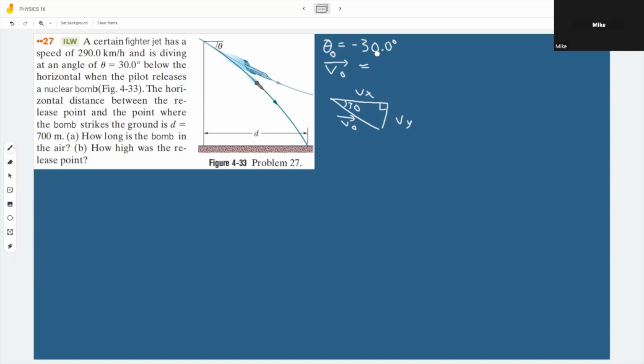Cosine, sine. Yes. I forgot the sine cosine. Teka, x component yan, di ba? Yung x component yung una na kino-compute, di ba? Inuna po yung y. X-y coordinate system.